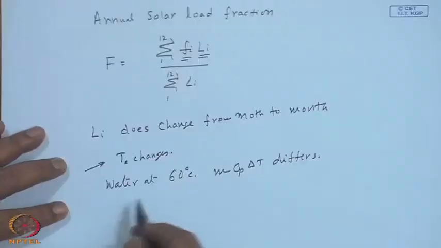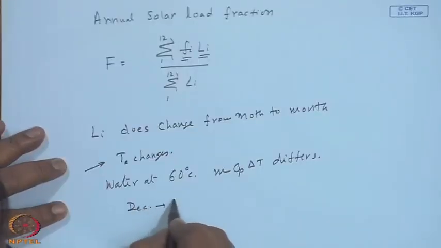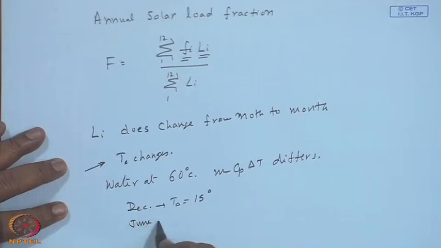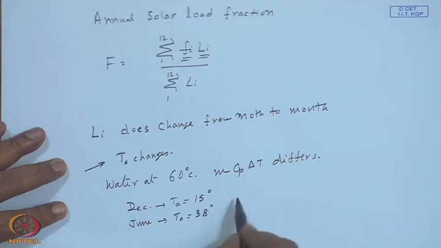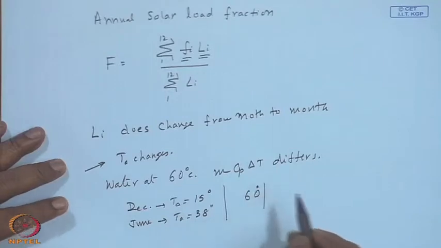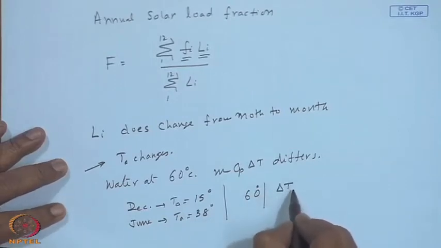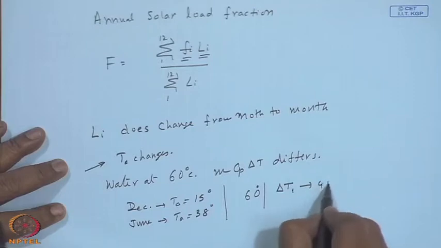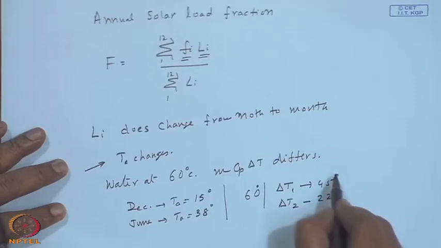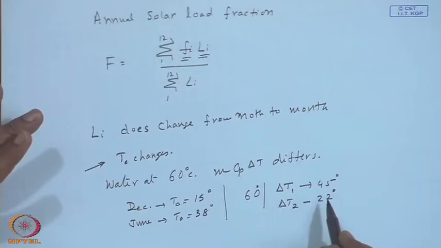Say for example, typical December T a is maybe 15 degrees and in June T a is maybe 38 degrees, and I want water at 60 degrees. So, delta T for December will be 45 and for June it will be only 22. So, it is almost half of this.